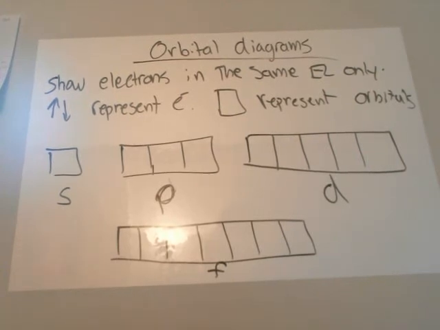Each box can hold 2 electrons, but they don't pair up until they have to.